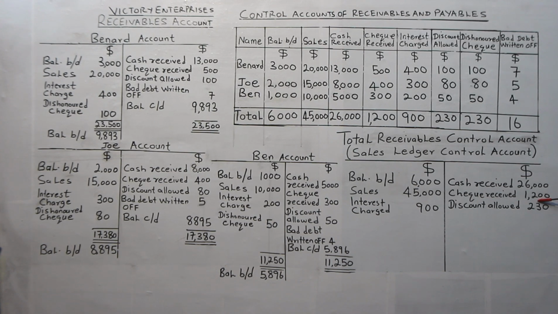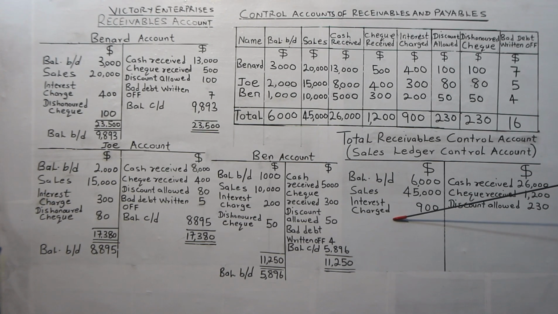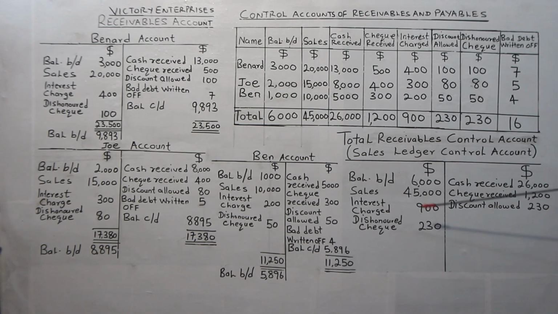Out of this check, they discovered that a total of $230 check has been dishonored from this $1,200. So what they do is to debit it back to the account to make sure that that amount is cancelled. So we debit the dishonored check to the total receivable control account.